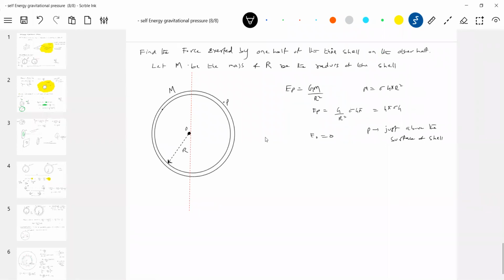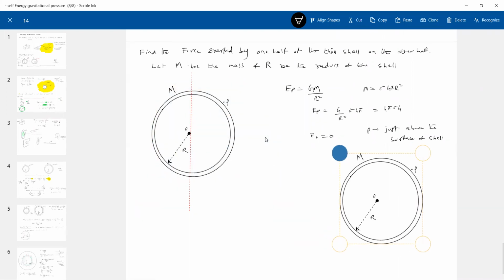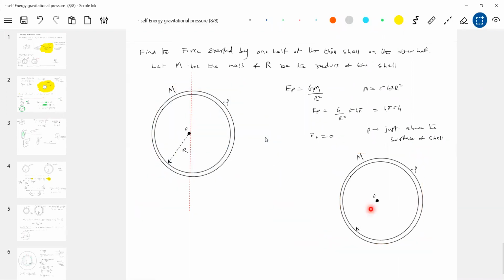If you look at this shell, because it has no beginning, no end, this will be like a sheet.